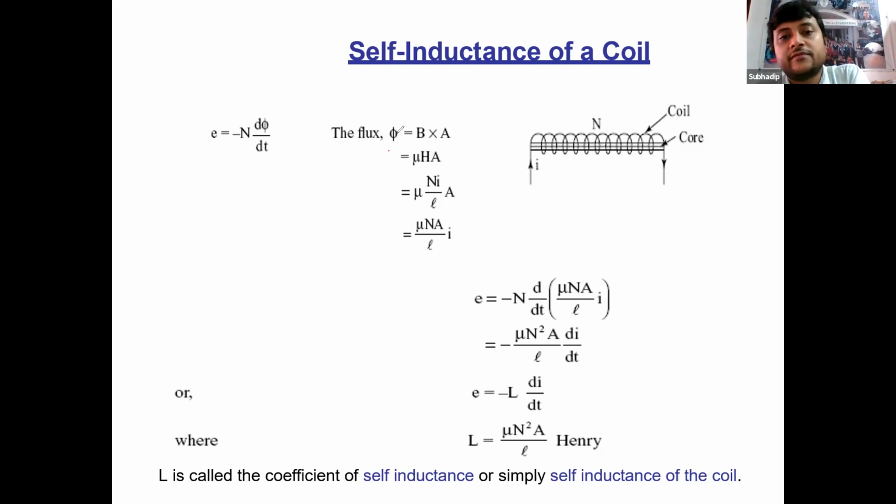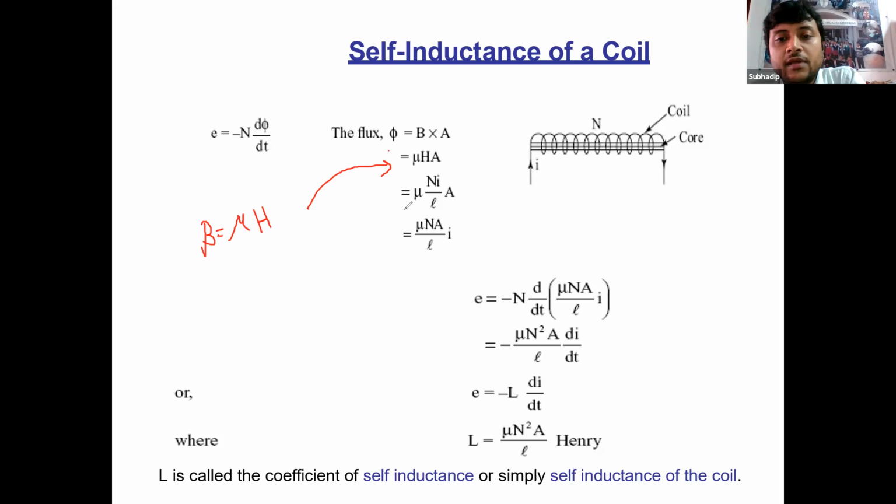And we know that B equals mu into H, so we put this value here: mu into H into A. Now instead of H, we know that it is N i by L. So phi equals mu into N i by L into A, which is nothing but mu N A by L into i.